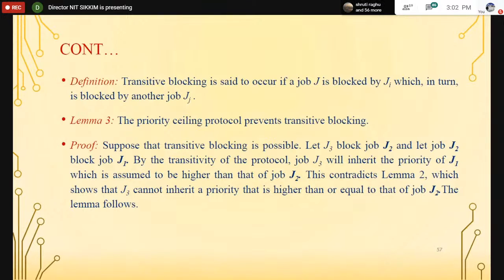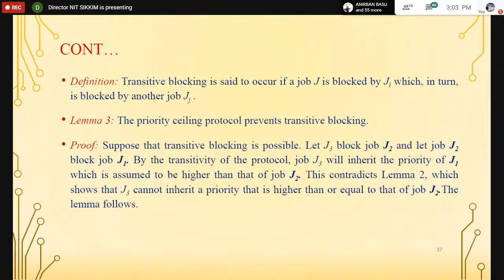So finally what will happen? J3 blocks J1, due to the transitive property. But in case of the PCP, because we have put a priority ceiling on each semaphore, we prevent these transitive blocking. So your PCP is free from transitive blocking here.